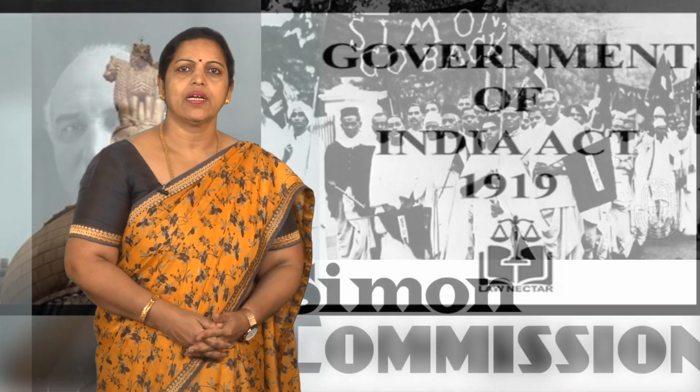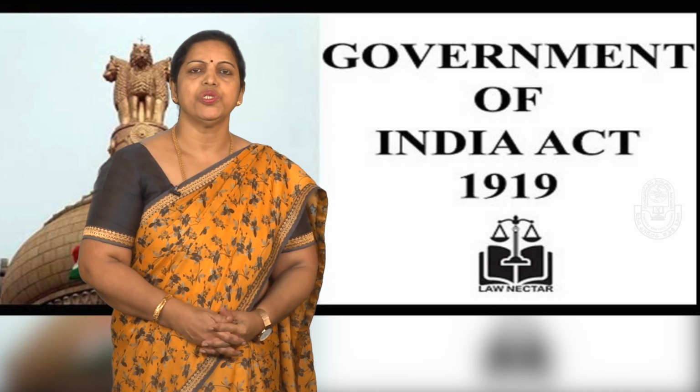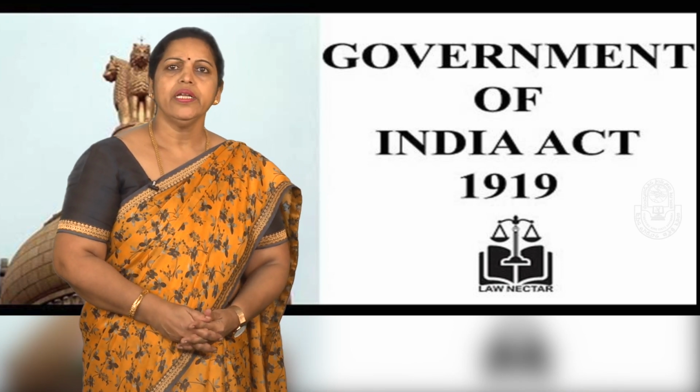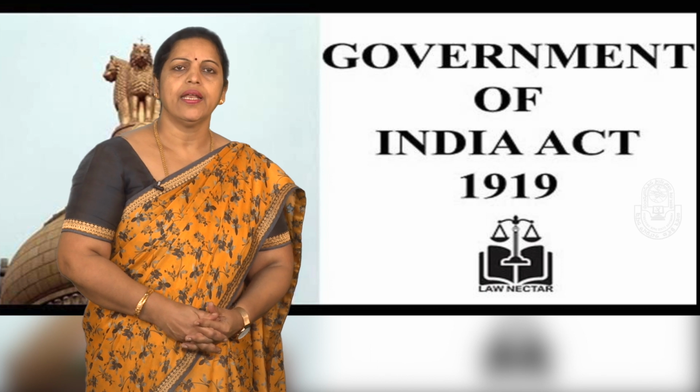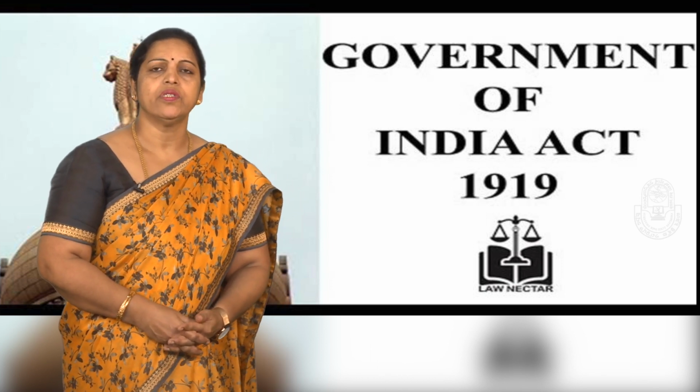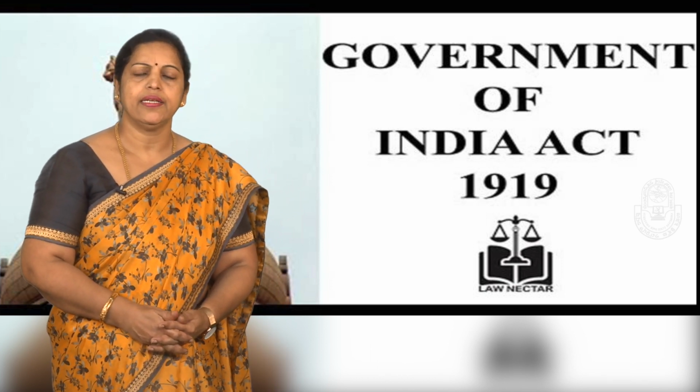The next landmark legislation in constitution making is the Indian Councils Act 1919, or put in other words, the Government of India Act 1919. Actually, what happened? The Indian National Congress became more active during the First World War and started its own campaign for self-government.